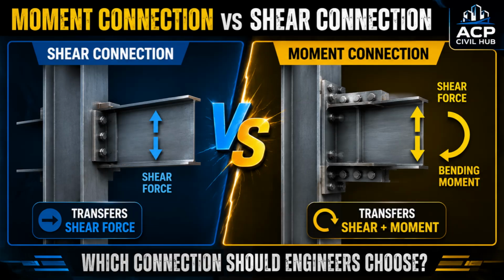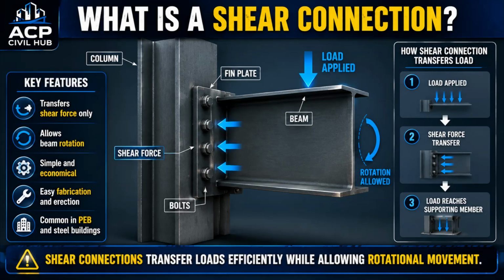So let's get started. What is a shear connection? A shear connection is a steel connection designed primarily to transfer shear forces between structural members. In this type of connection, the beam is connected to the column using elements such as fin plates, angle cleats, or shear tabs.